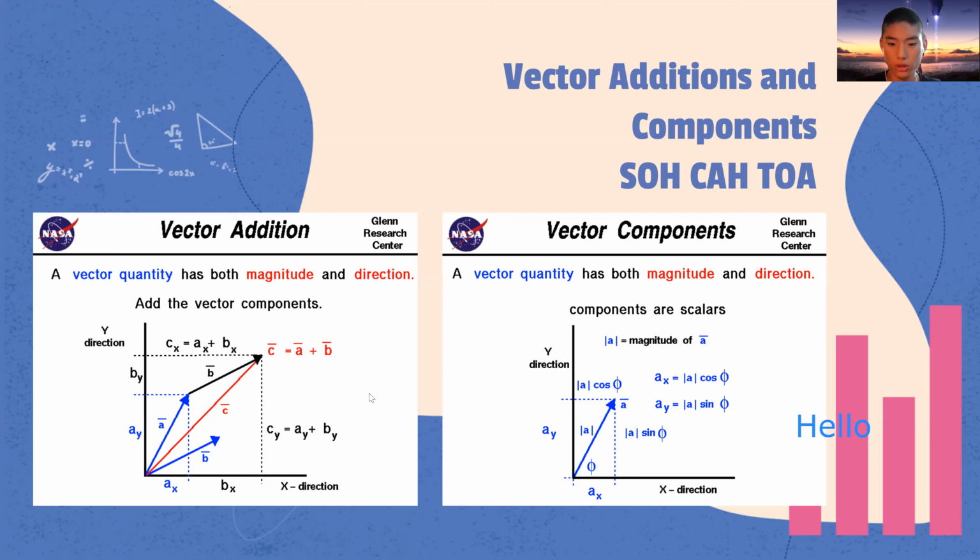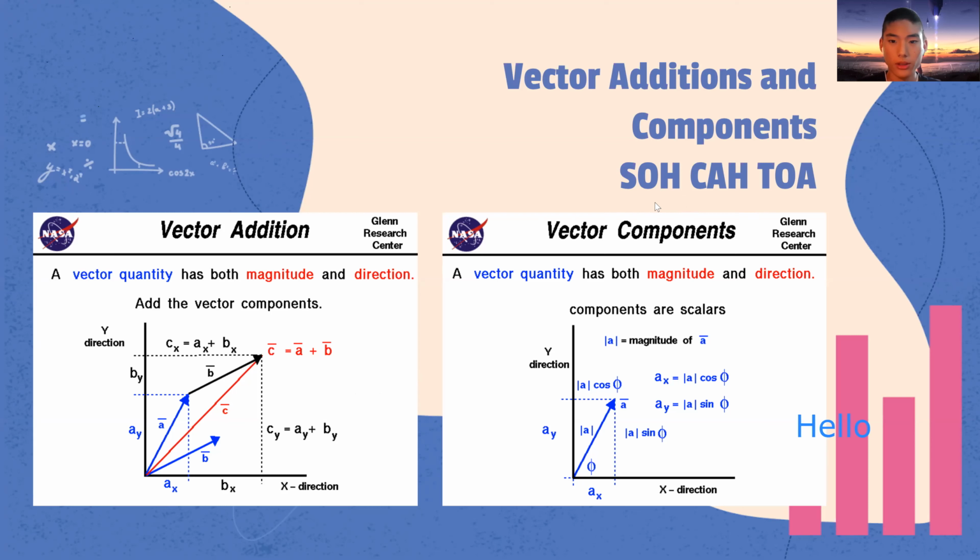I don't know if most of you have learned trigonometry yet, but SOHCAHTOA is basically a measurement for sine, cosine, and tangent. They're just ratios in trigonometry. So let's say you have a triangle.